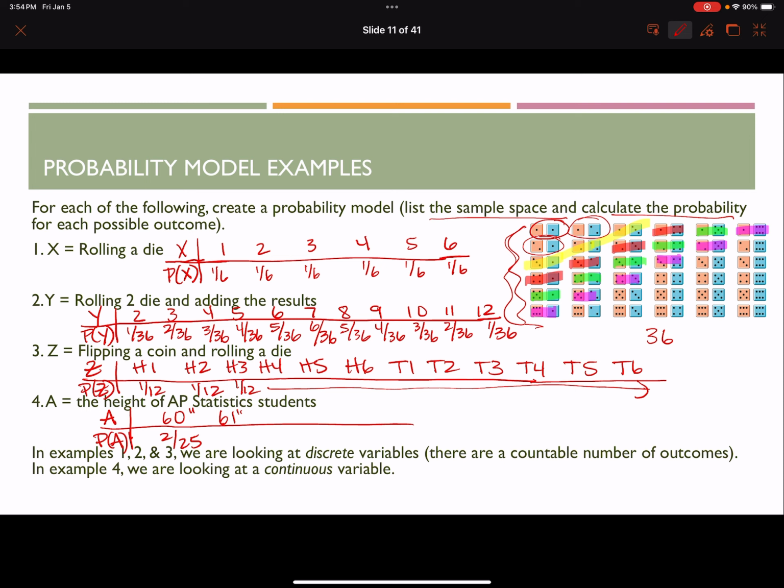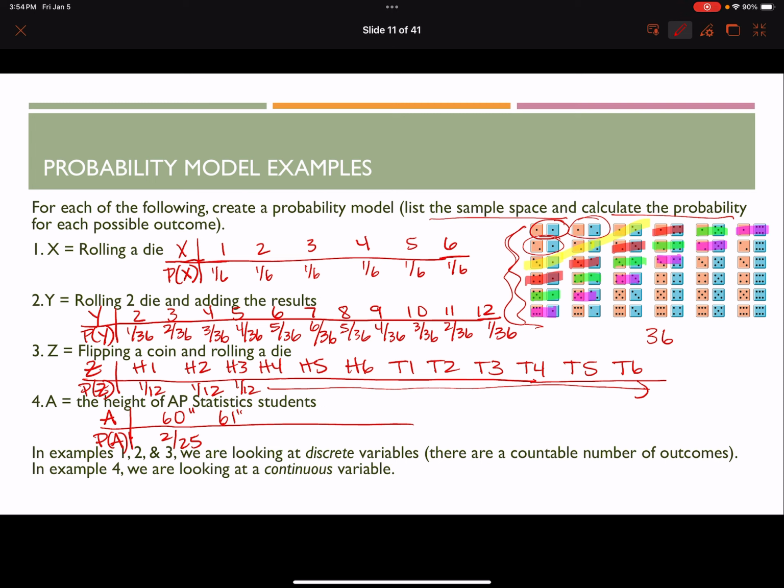Now, number 4 is a little trickier because like I said, I didn't really specify how I am measuring. Typically we measure height to the nearest inch. But if I'm 5'4", like on my license it says, when people ask how tall are you, I say I'm 5'4". Am I really exactly 64.00000 inches tall? Not really.